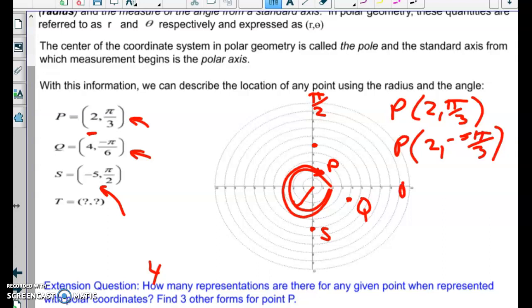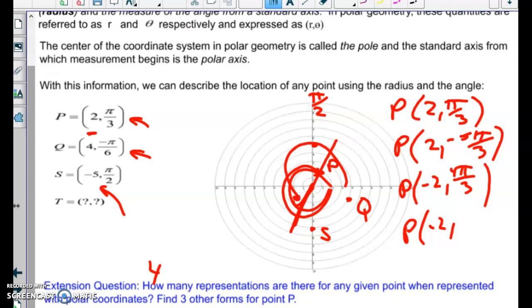Of course, we would use negative 2 for the last two. So I would go out at negative 2, at 4 pi over 3. Go to that angle and go out the back direction. And the last one is, instead of going around this way to 4 pi over 3, I could go the negative direction also. So negative 2 at negative 2 pi over 3.